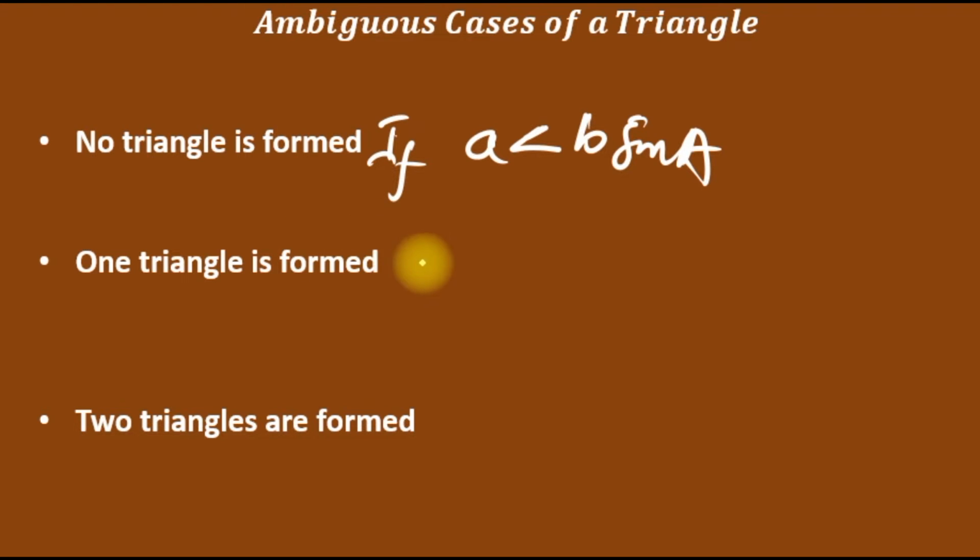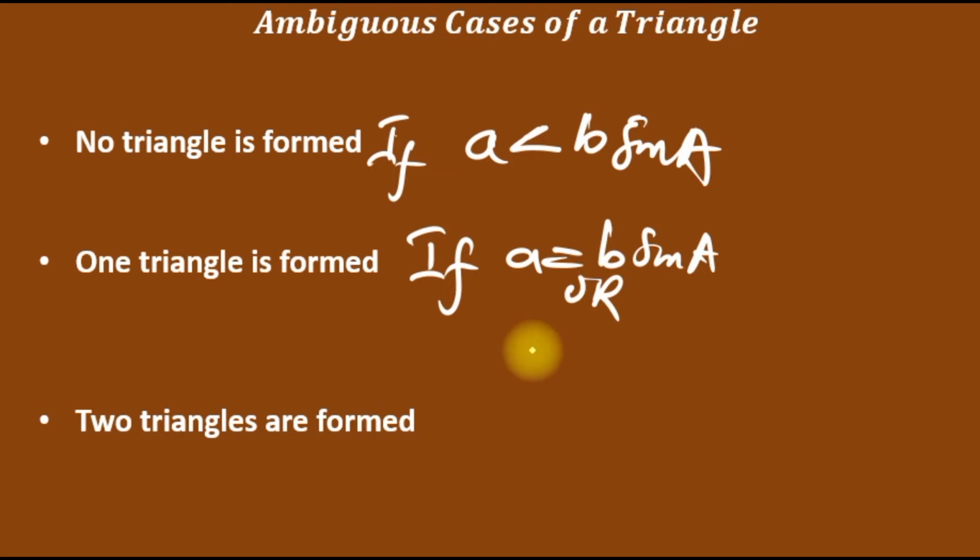The second case, one triangle is formed if a is equal to b sine A, or if a is greater than or equal to b. So whenever a is equal to b sine A or a is greater than b, one triangle is formed.